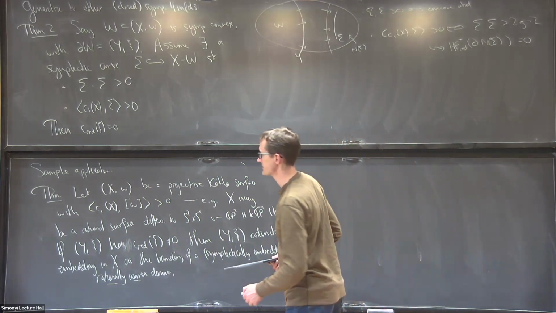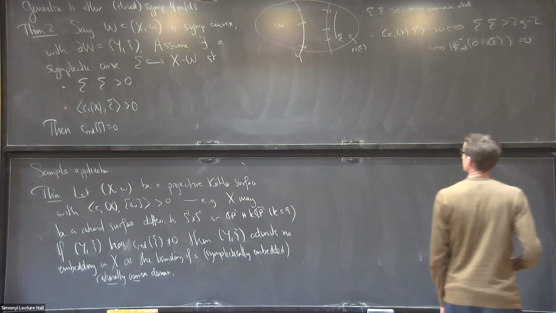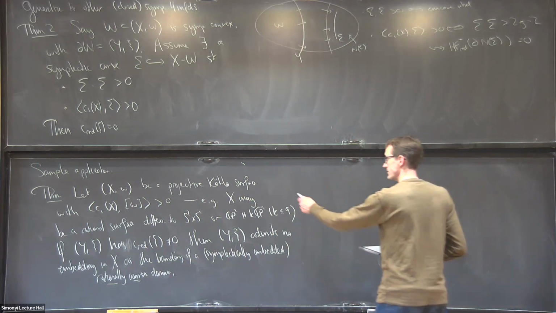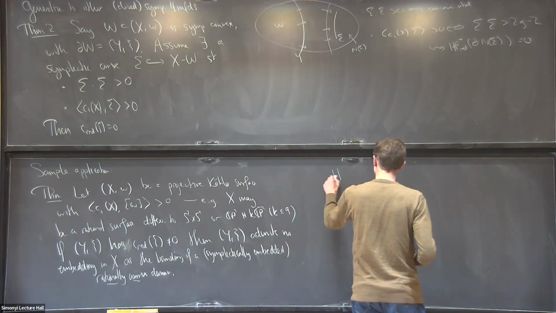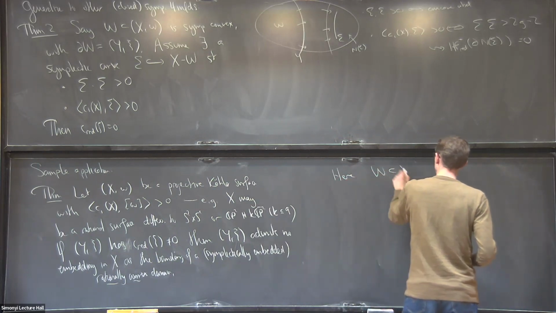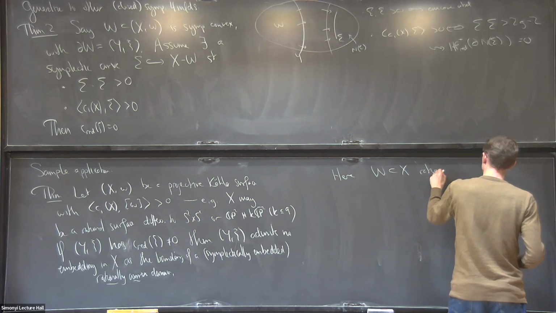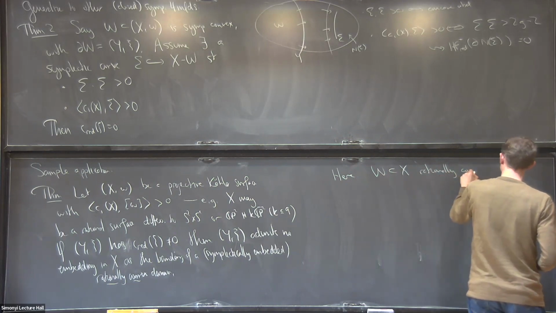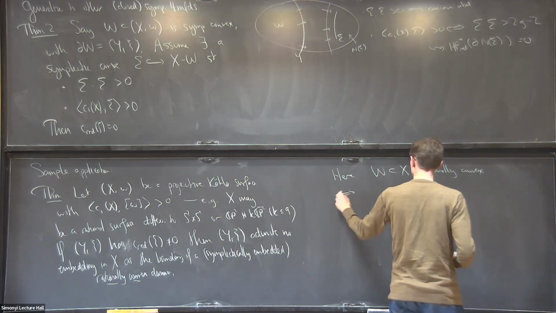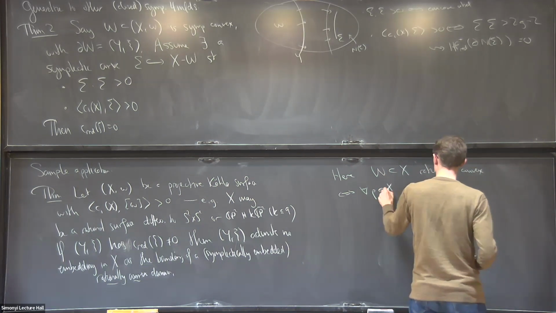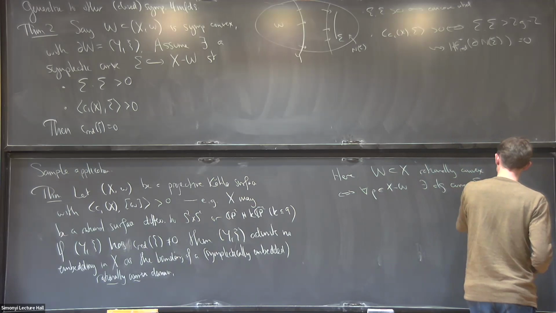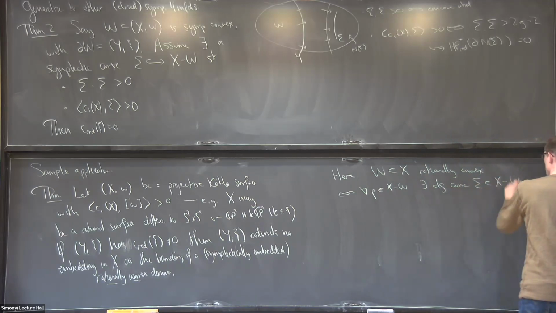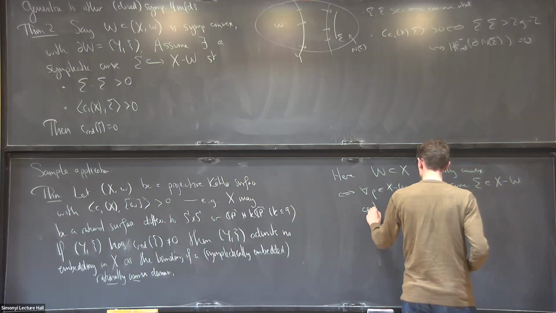I think I erased the definition of rational convexity in C2, but it's more or less the same definition in a projective surface. Namely, it should be rationally convex if and only if for all p in the complement, there's some algebraic curve, sigma, also in the complement containing p.